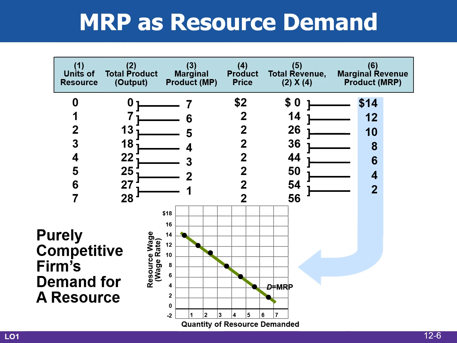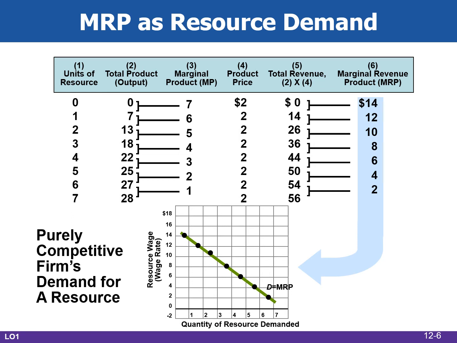A portion of the demand is determined by the efficiency of the resource, and a portion is determined by at what price the firm can expect to sell the product. So if we multiply column 3, marginal product, the measure of efficiency of the labor resource, times column 4, the price of the product, we therefore can calculate column number 6, which is simply marginal revenue product.